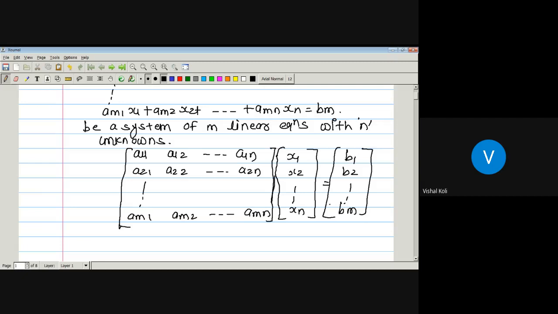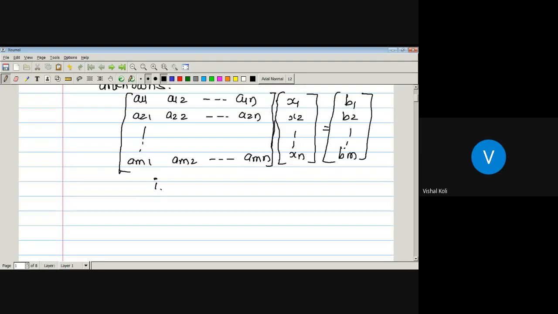Okay, now this one is nothing but AX is equal to matrix B, where A is this one, X is this one, and B is this one.